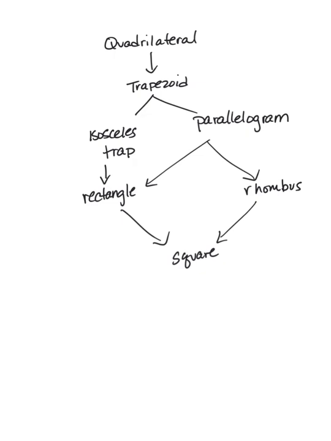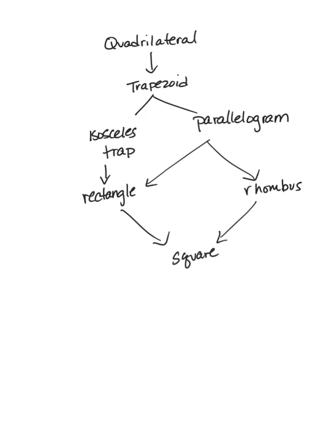So you can follow any one of these pathways. But if you look at the bottom of the tree, all squares are rectangles, all squares are rhombi, all squares are isosceles trapezoids, all squares are parallelograms, all squares are trapezoids, all squares are quadrilaterals. Follow the rectangle up. All rectangles are isosceles trapezoids. All rectangles are parallelograms.